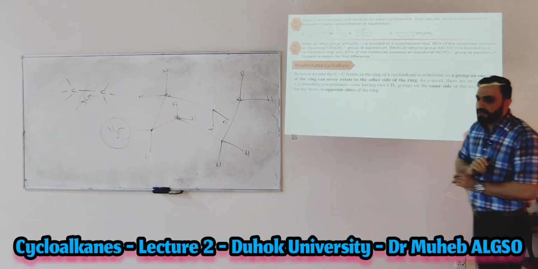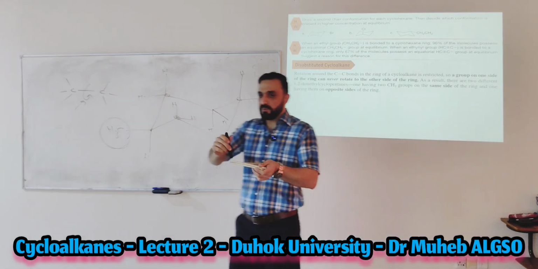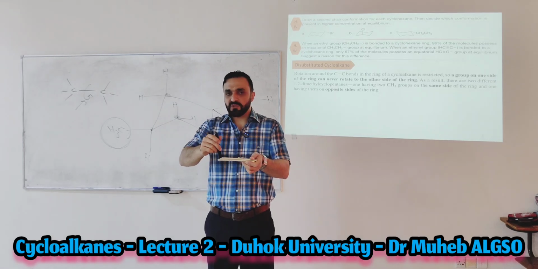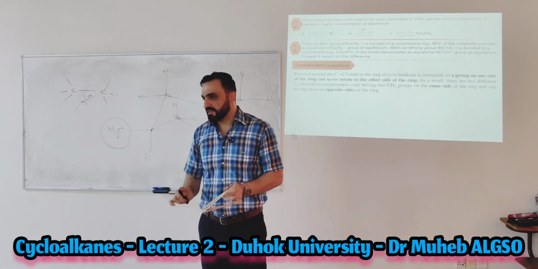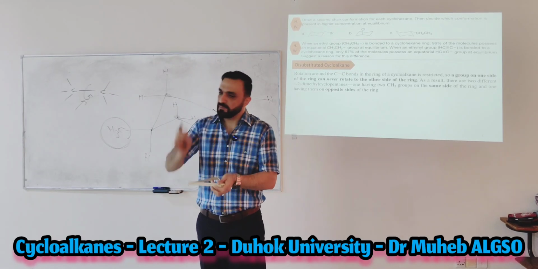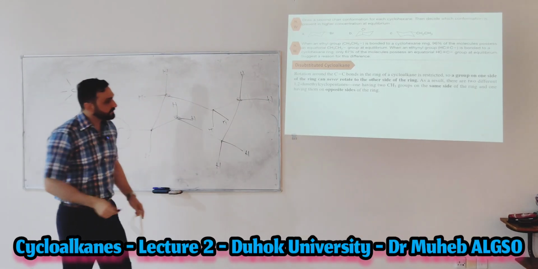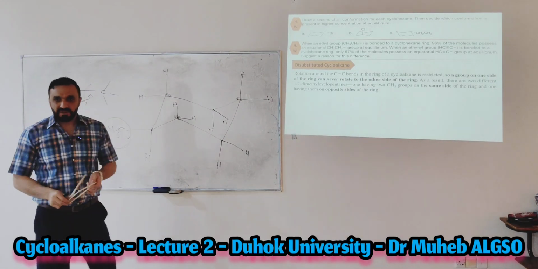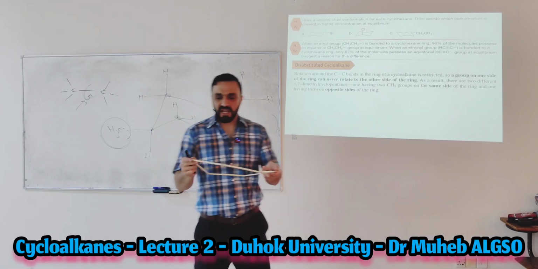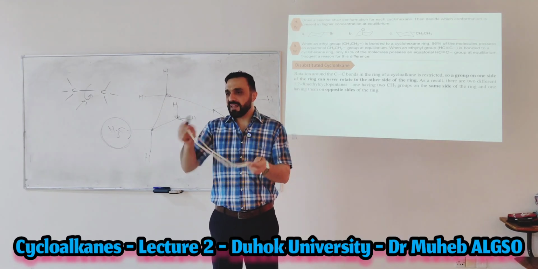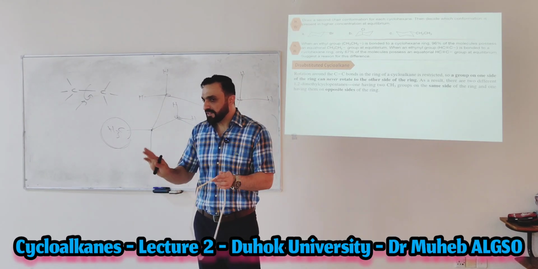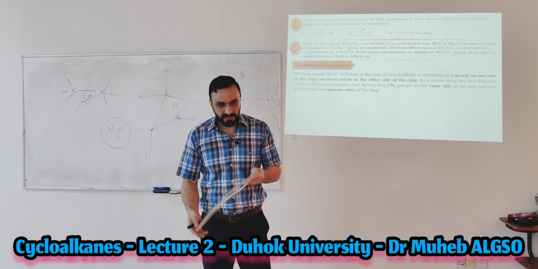The position of the group cannot be changed. There is no such idea as the upper going to the down. The upper will remain upper, and the down will remain down. Just as I told you before, in cyclohexane the axial becomes equatorial and the equatorial becomes axial, but upper stays upper and down stays down.